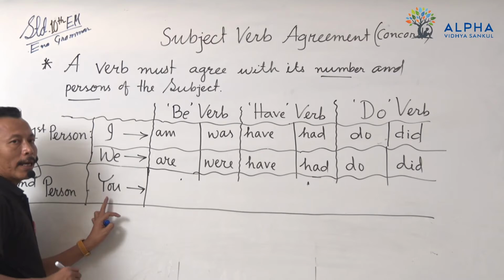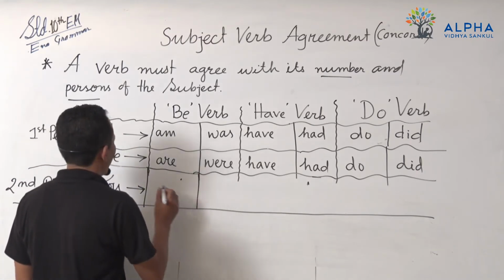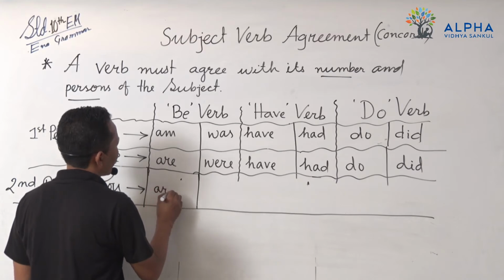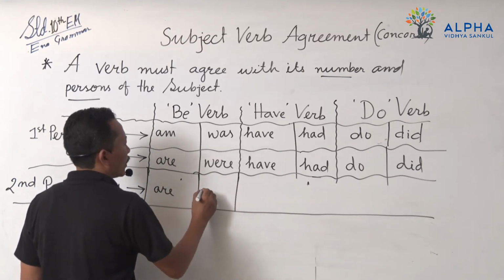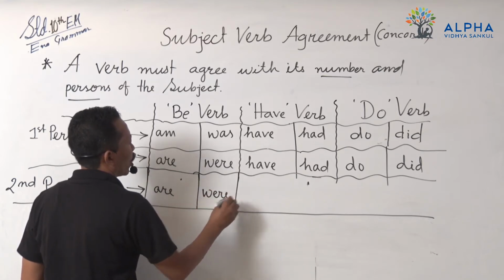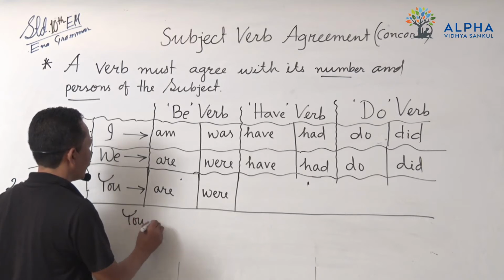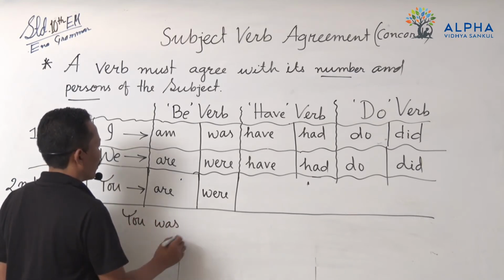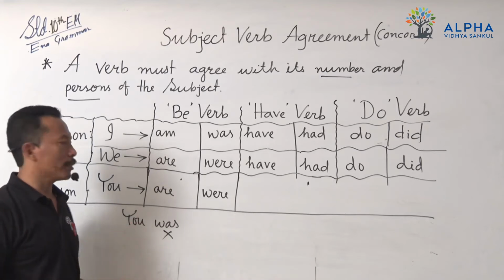Singular and plural are the same. For you we have to use are, and in the past were. Don't say you was. There is no such sentence as you was.